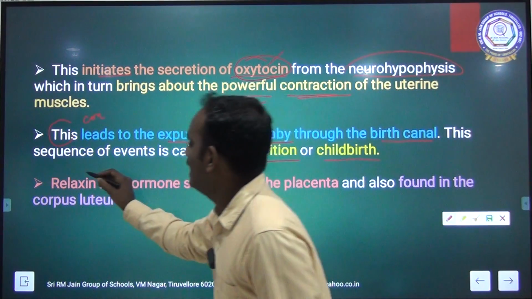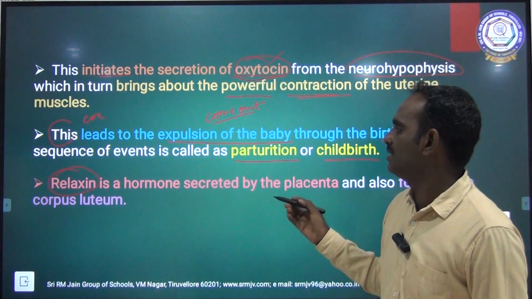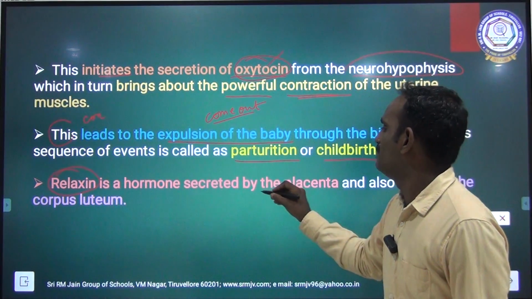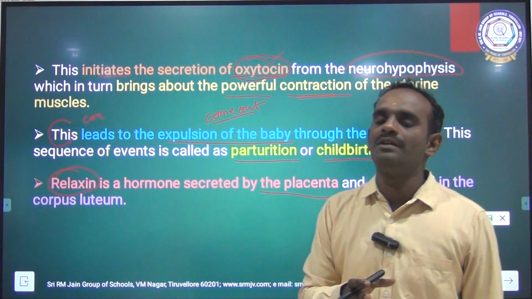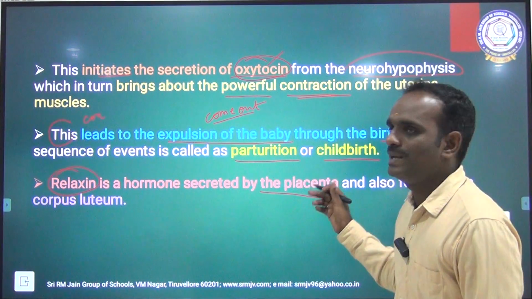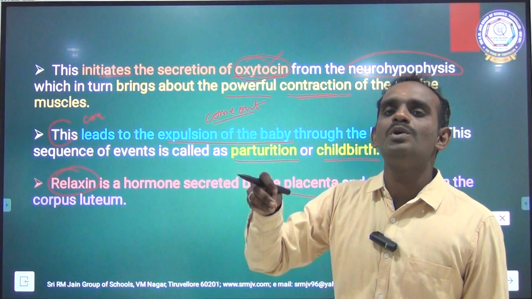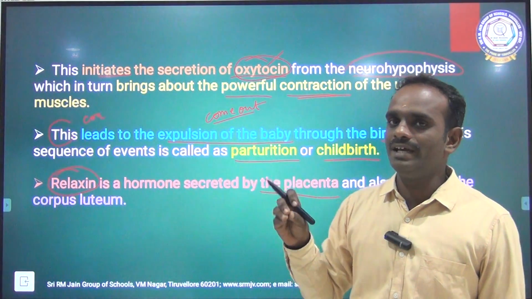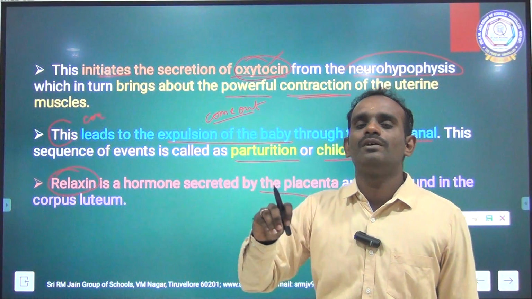And then relaxin is also one of the hormones. Relaxin is a hormone secreted by the placenta. Children, you know very well, the placenta is a temporary endocrine gland.